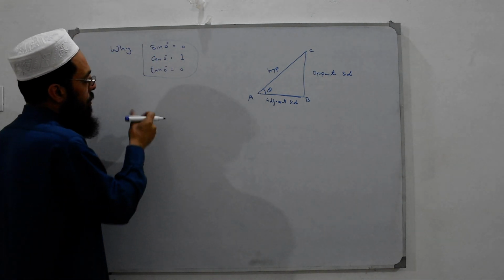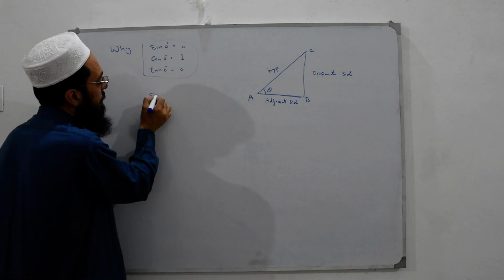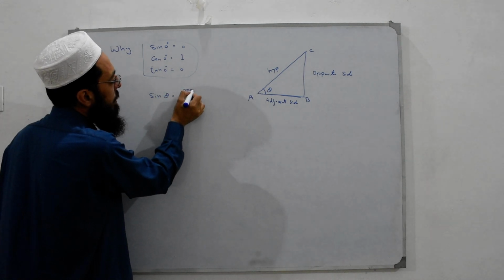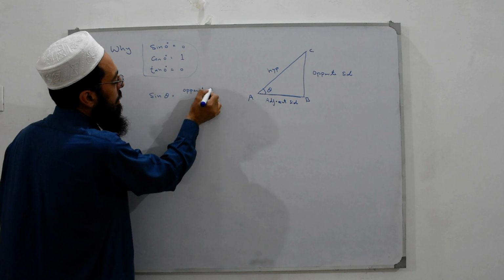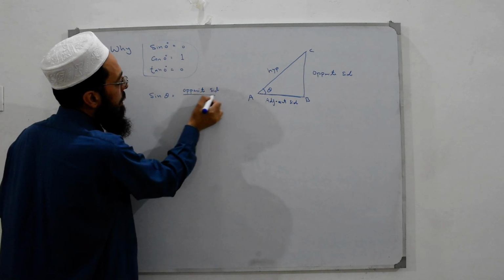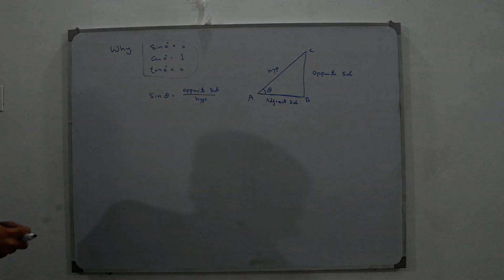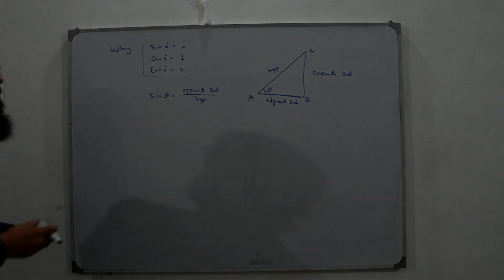From trigonometric ratio, we know that sin theta is equal to opposite side divided by hypotenuse. First, we prove how sin 0 degree is equal to 0.